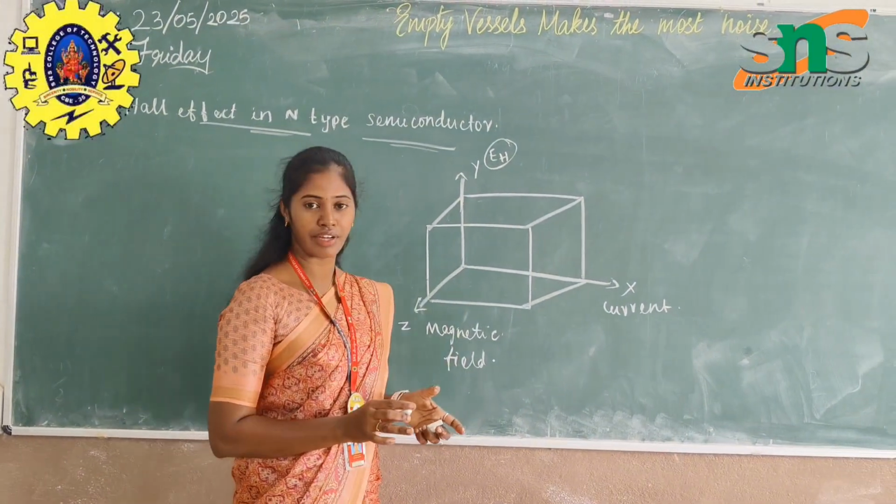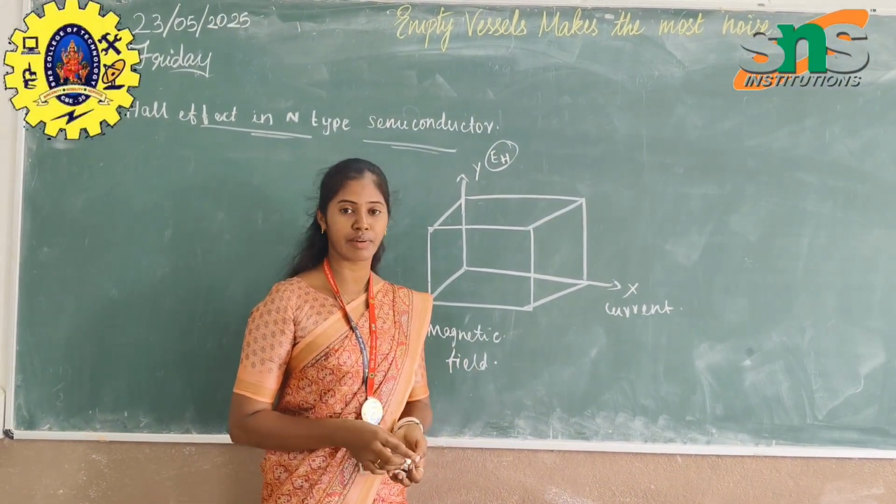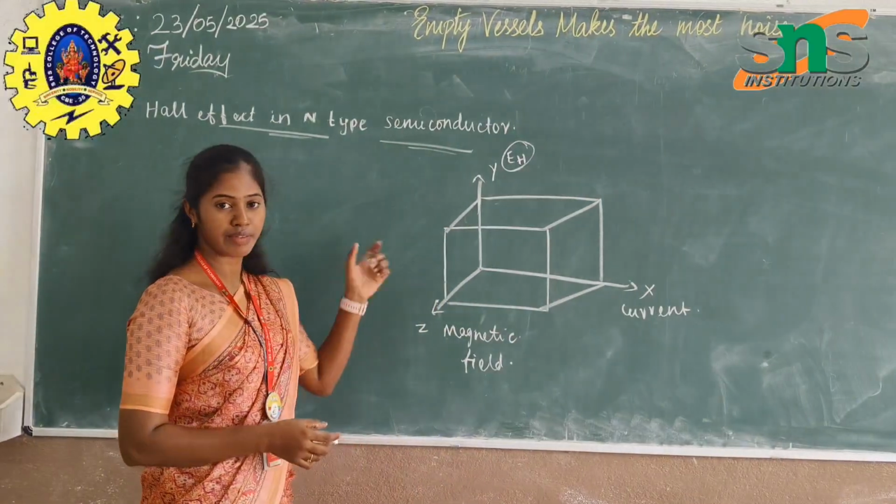So this is the Hall effect, which I explained in the previous video. Now I am going to explain the Hall effect in an N-type semiconductor.